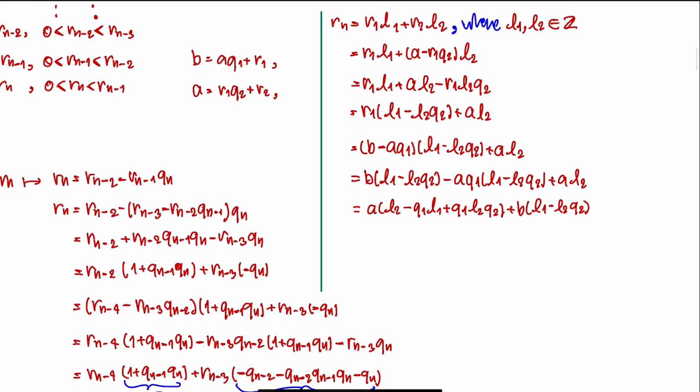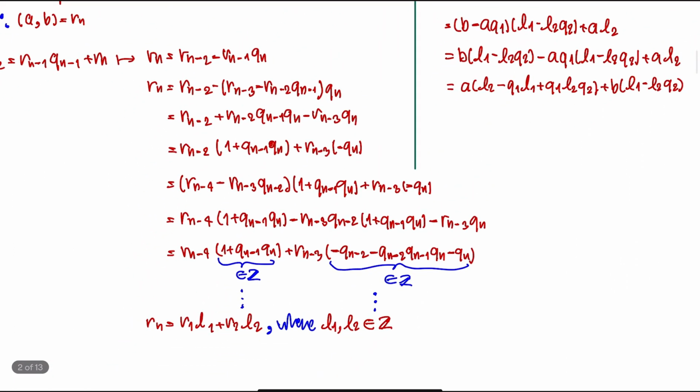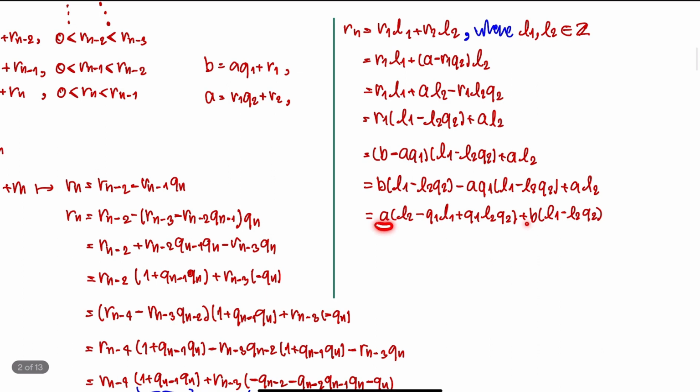So you need to substitute this remainder by the preceding remainder until you have A and B.